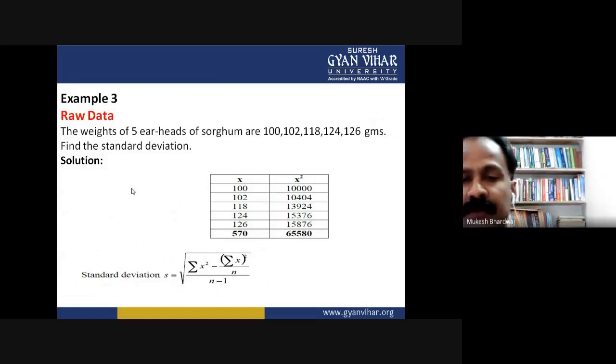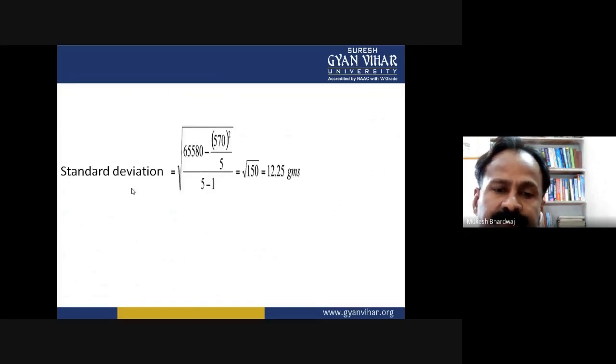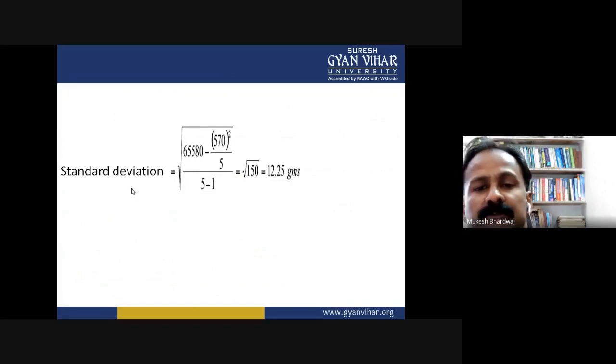So here we require the sum. Put the summation and divide it by the number of observations, and you get the solution. The standard deviation for the above example comes out to be 12.25 grams.